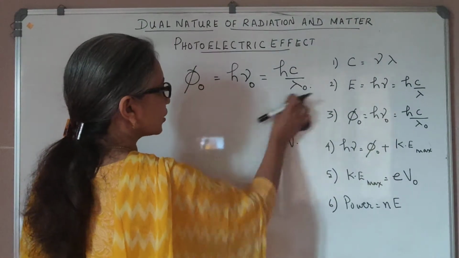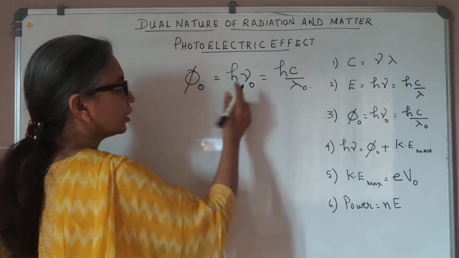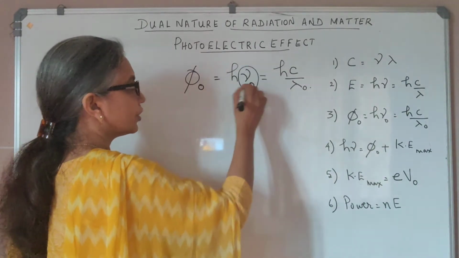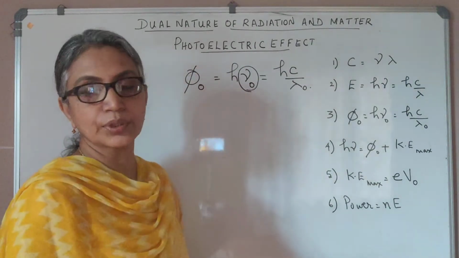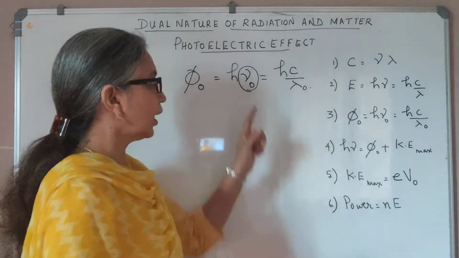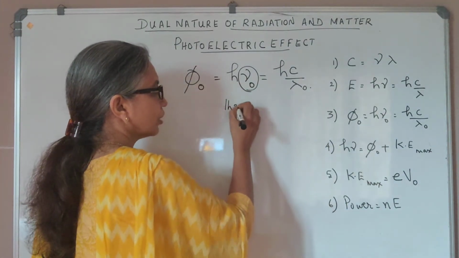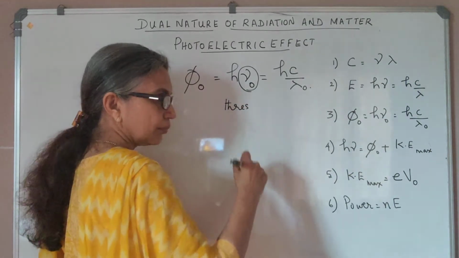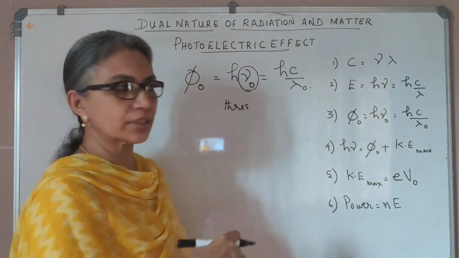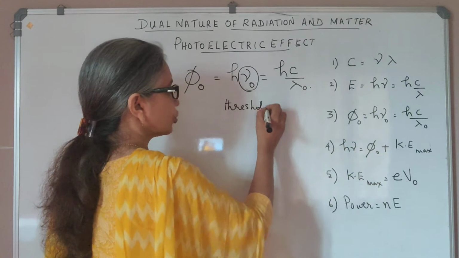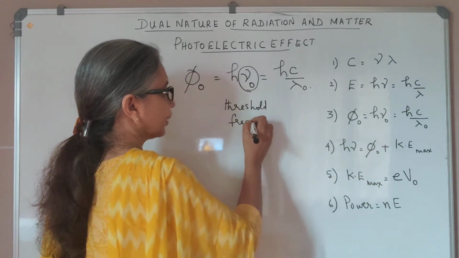So naturally, when there is a concept of minimum energy, then there is also a minimum frequency of the incident radiation that will produce photoelectric effect. That minimum frequency of the incident radiation that will eject electrons from the metal surface is what you call the threshold frequency.